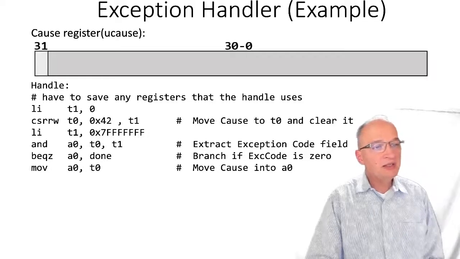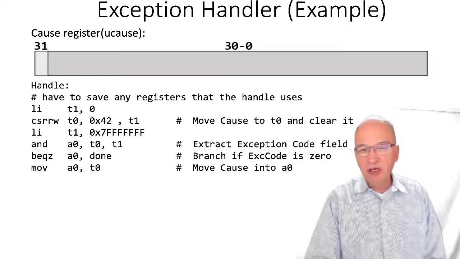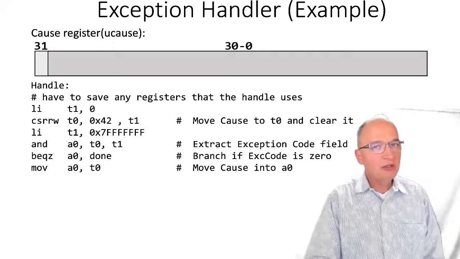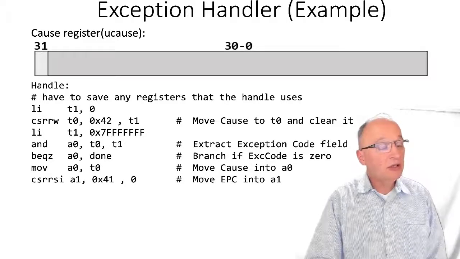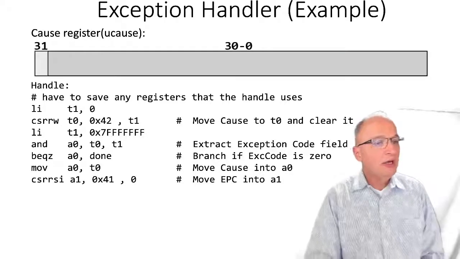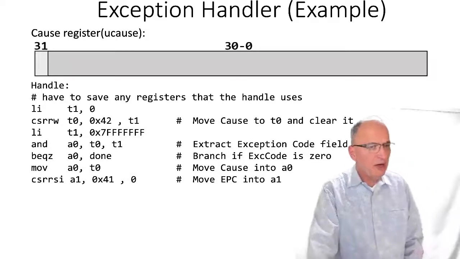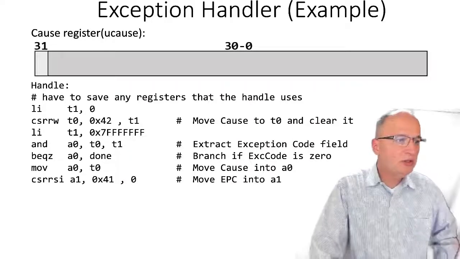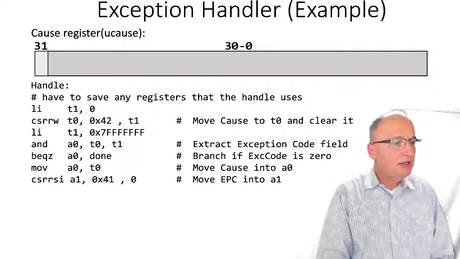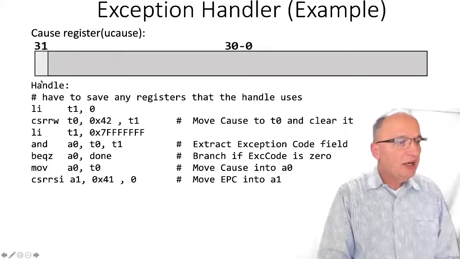And next, I'll move the cause into A0 because I'm going to use a function call to print the value. And now I'll move the exception program counter into A1. So the exception program counter is CSR 041.